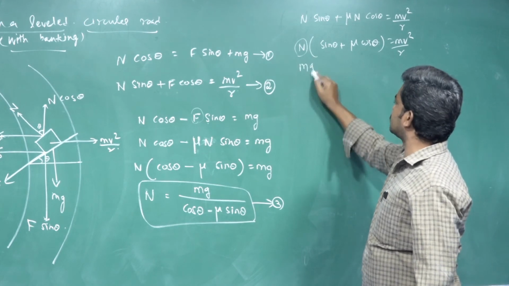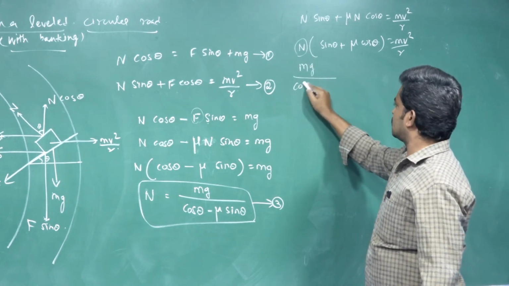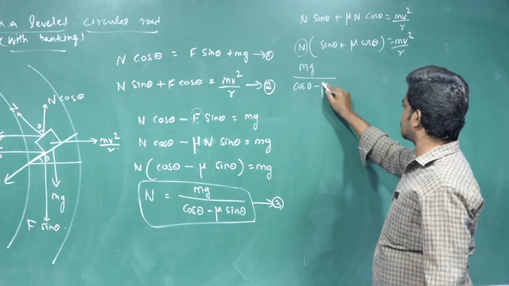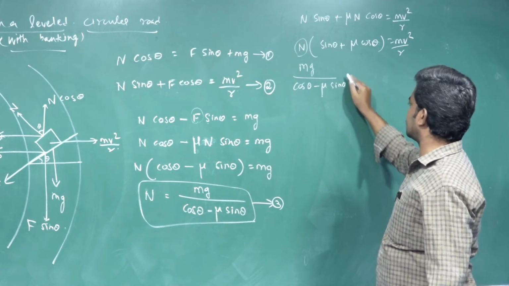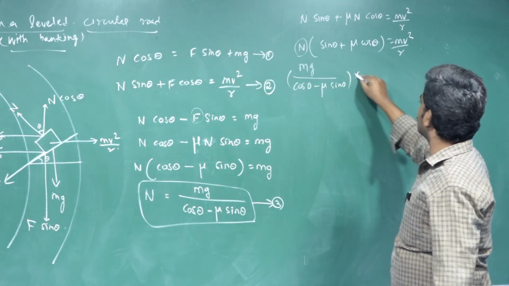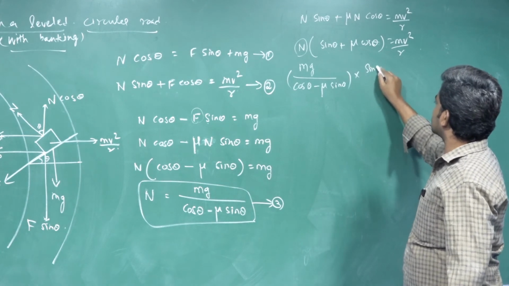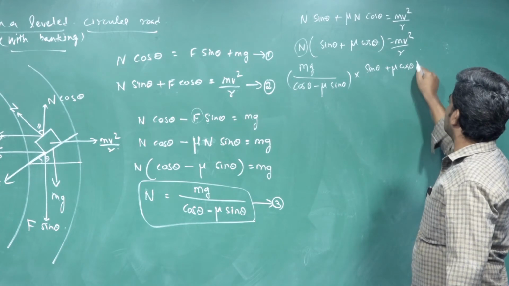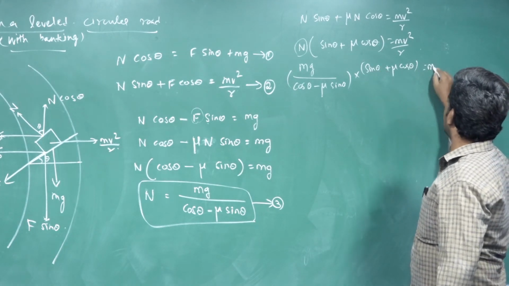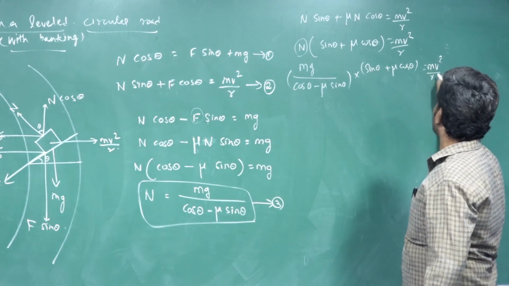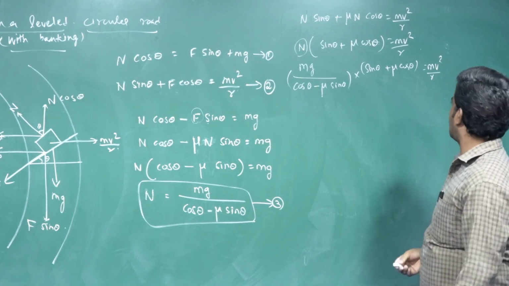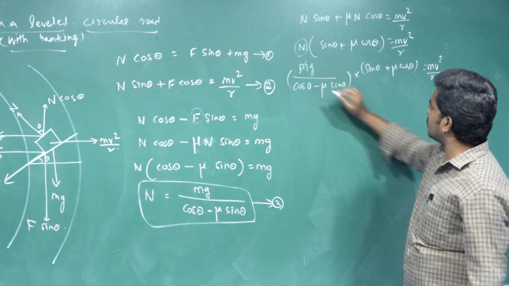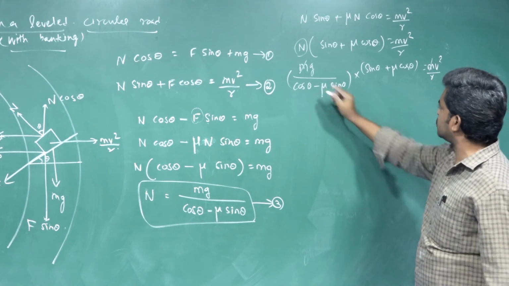Substitute this into sin theta plus mu cos theta, which equals m v square divided by r. The m value cancels, remaining g.